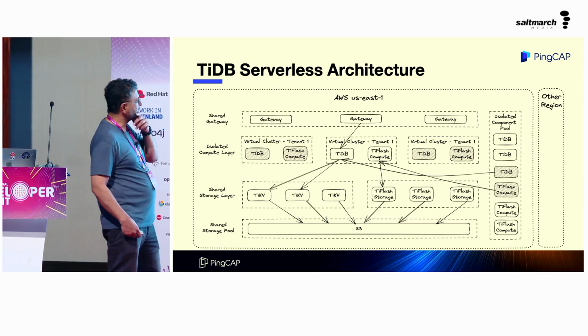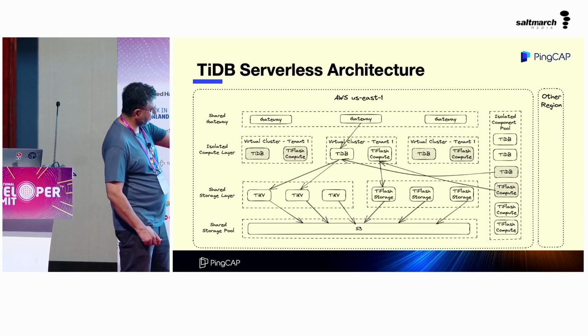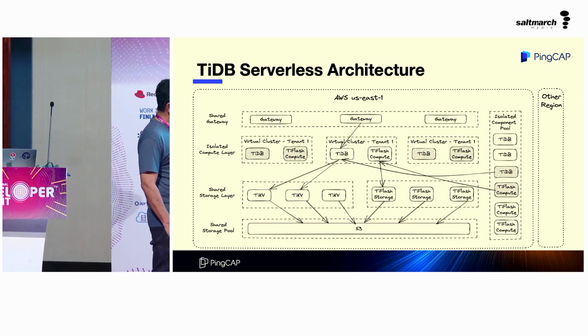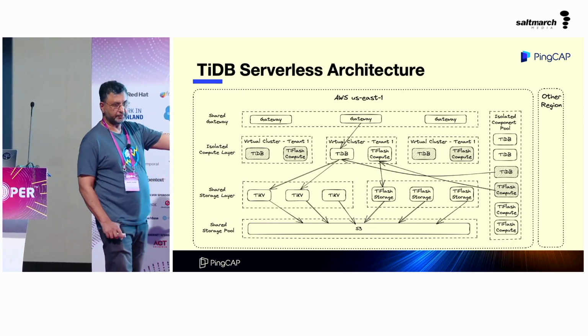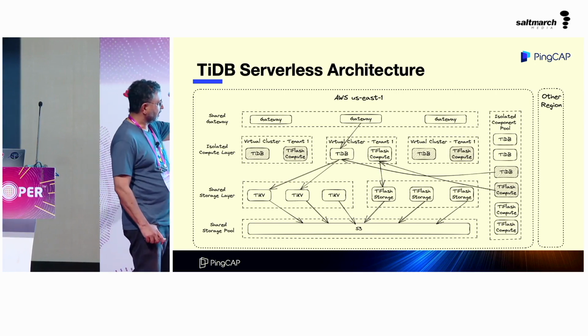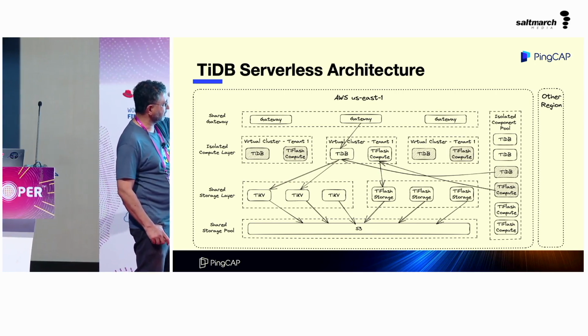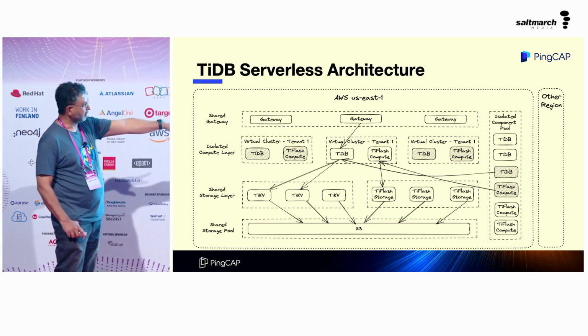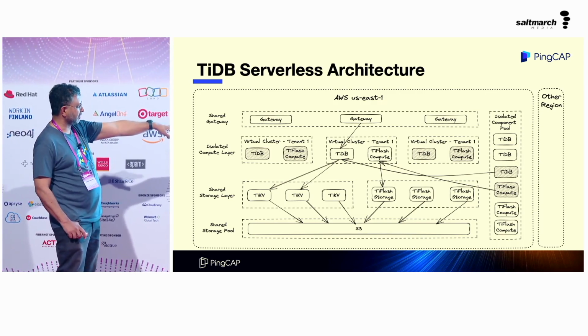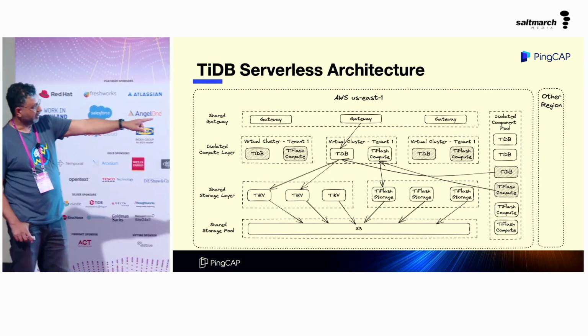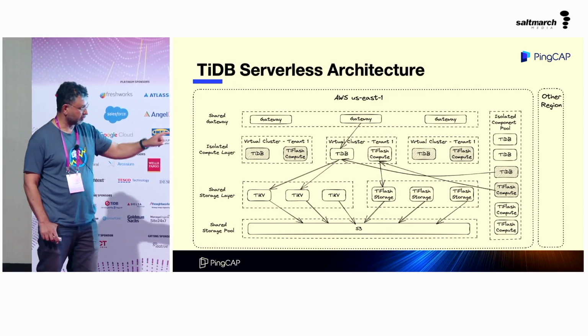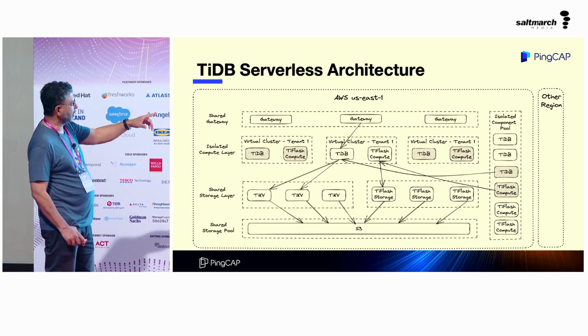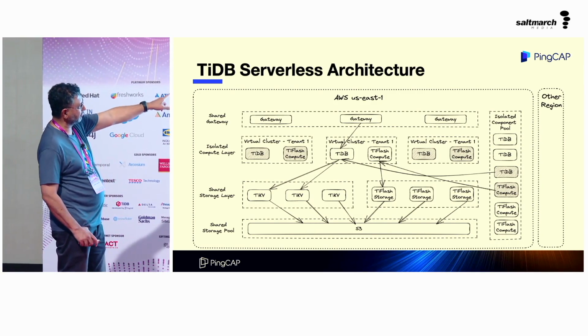So how to explain this, let's start from the bottom. All the data ends up on S3, right? How does it get there? It gets there via the Raft protocol that's in the TiKV layer. TiFlash, the column store, also goes to S3. So you go up, the SQL nodes are at the layer above that.